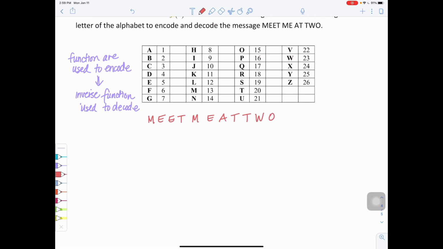M corresponds to 13. So what we would write is, since M corresponds to 13, f of 13 is 3 times 13 plus 1, that would be 40. So our first code would be 40.